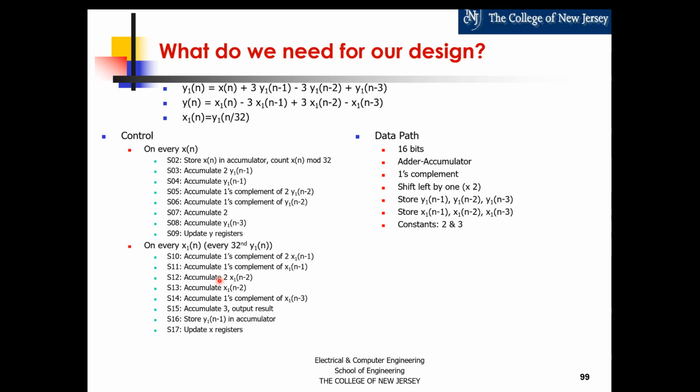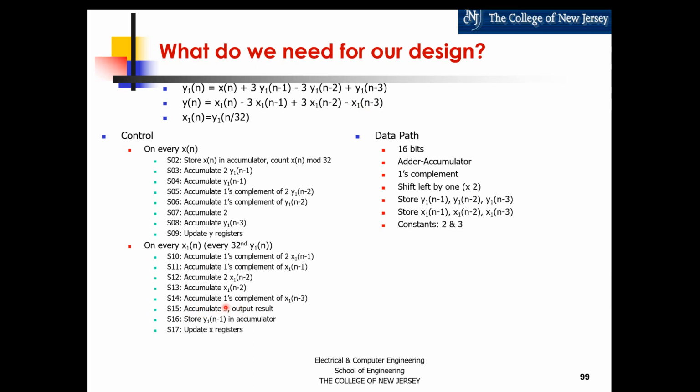Then I'm going to accumulate 2 X1 from 2 clock cycles ago, and accumulate that again. So at that point, I have this term, +3 times X1 n minus 2. Then I'm going to accumulate the ones complement of X1 n minus 3. That's that one. And then I add 3.